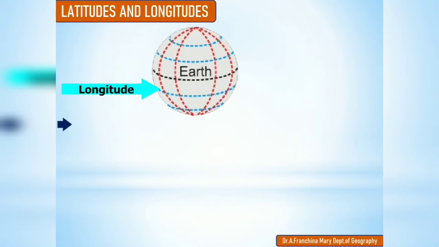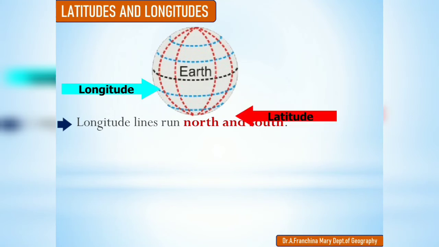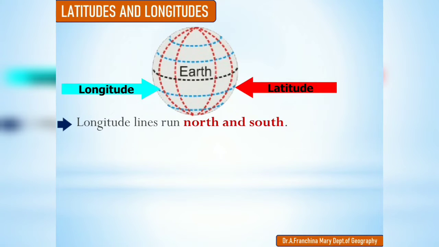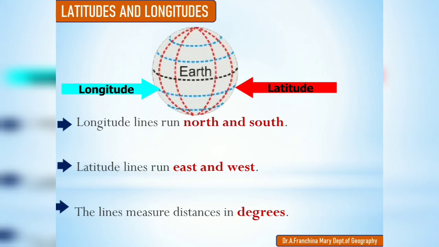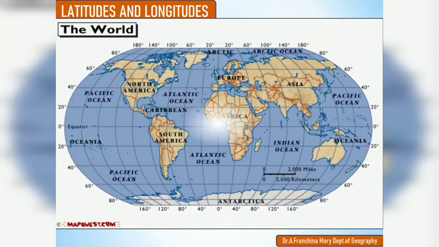Longitude lines run north and south. Latitude lines run east and west. The lines measure distance in degrees. The map shows latitudes, longitudes and their degrees.